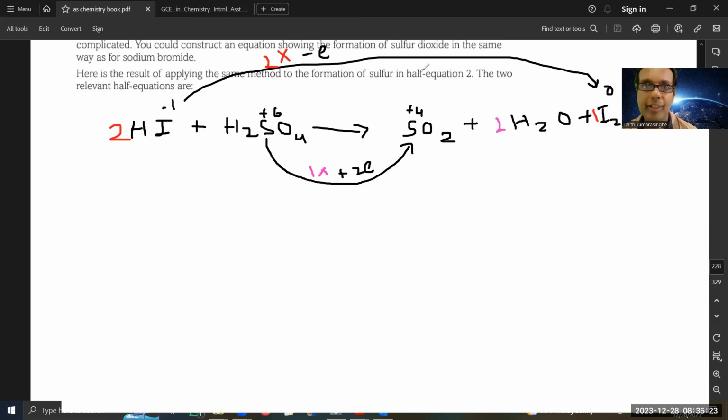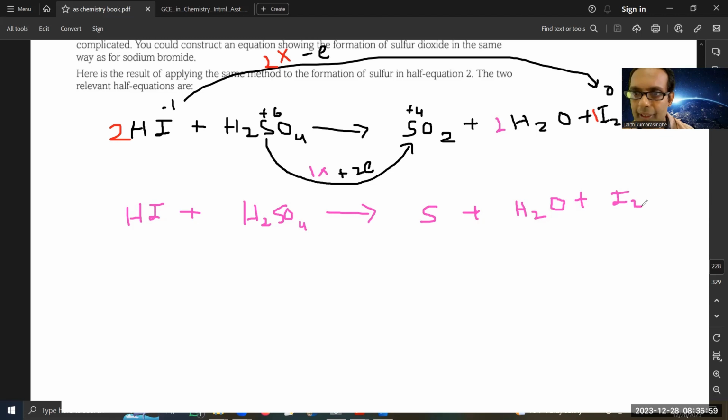Then I'll take hydrogen iodide again with H2SO4. Now I'll get sulfur, and water, like a neutralization reaction. Iodide is acting like a reducing agent, therefore it should oxidize to I2.